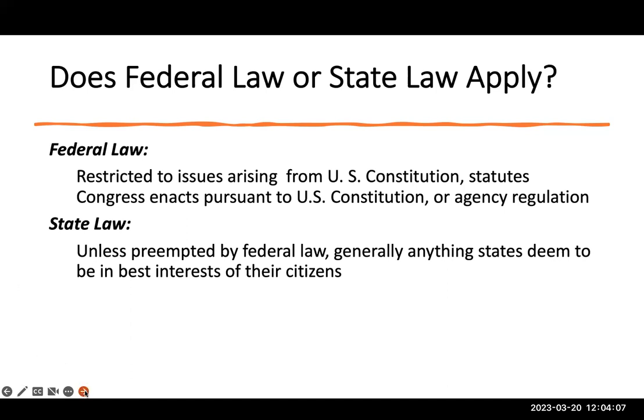And again, state law hears the vast majority of cases in the United States. I want to emphasize that you shouldn't have the idea that federal cases are necessarily bigger or involve more important issues or bigger dollar amounts. That's simply not the case. They just involve federal questions.